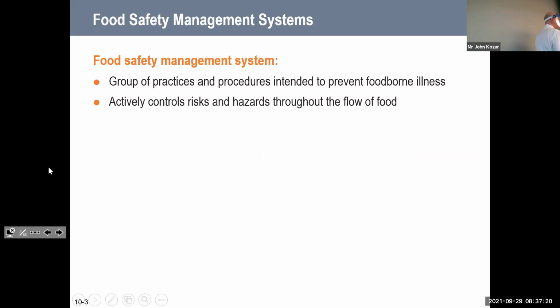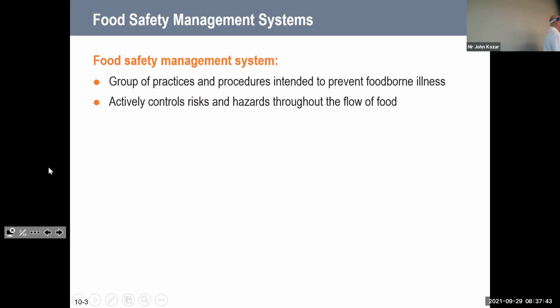Everybody remember the steps in the flow of food? Where do we start? Start with purchasing, and then what happens? It is not preparation.